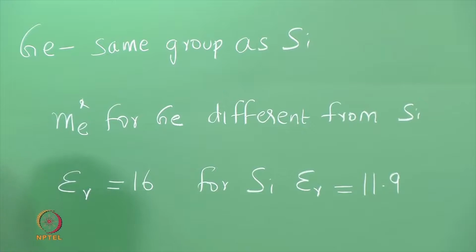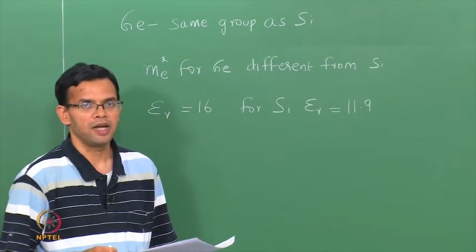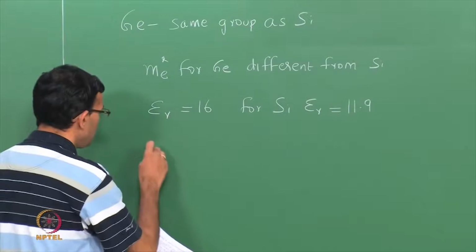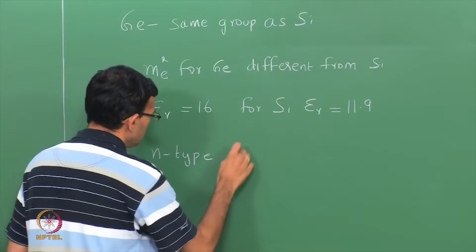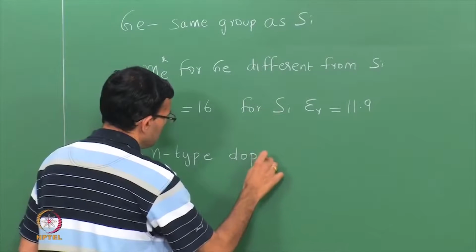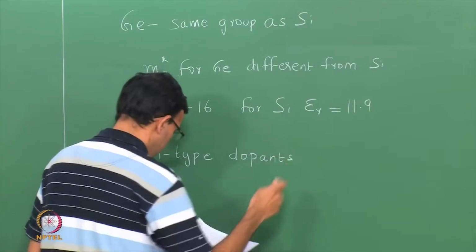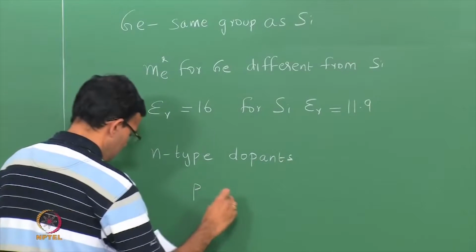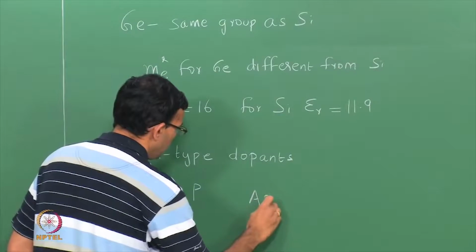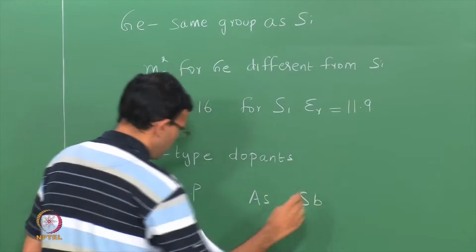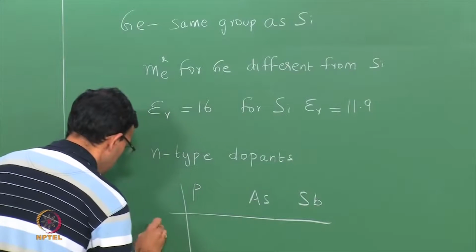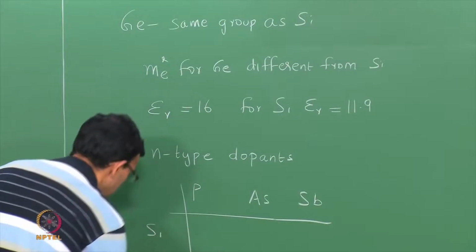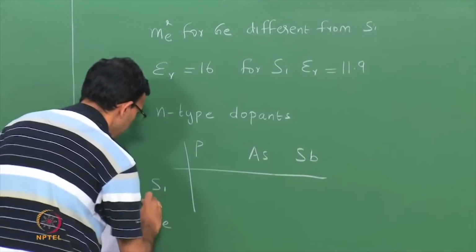So let us look at some actual values and just compare silicon and germanium. Let us look at N type. Phosphorus, arsenic and antimony are your 3 dopants. Silicon and germanium.